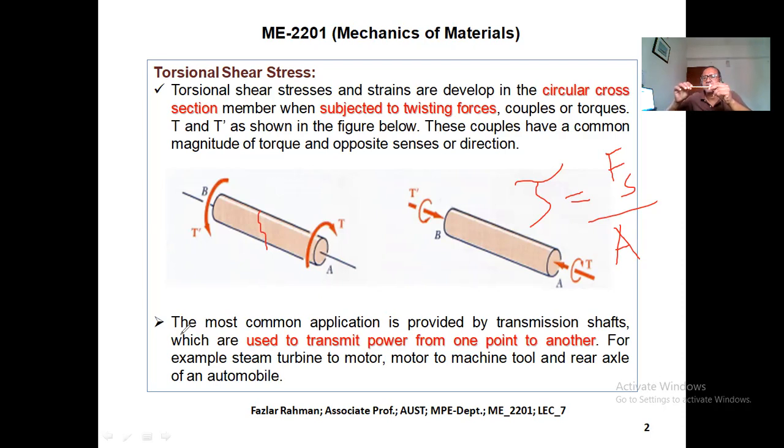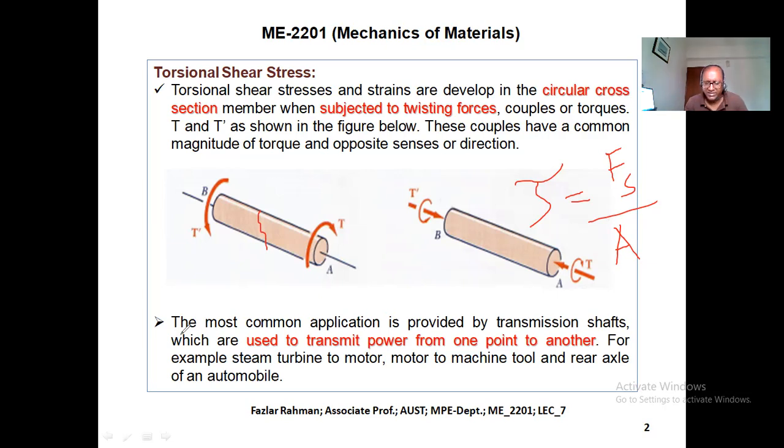That means your torque tries to break the object into two parts, generating some force parallel to the cross section. That force tries to divide the part into two, but the material has an internal resistance. It says, hey guy, don't try to twist me.